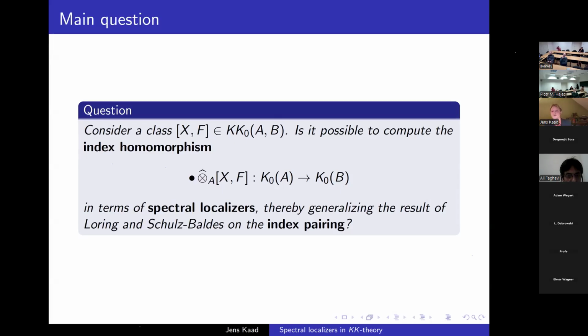And so it generalizes the index pairing between K theory and K-homology.